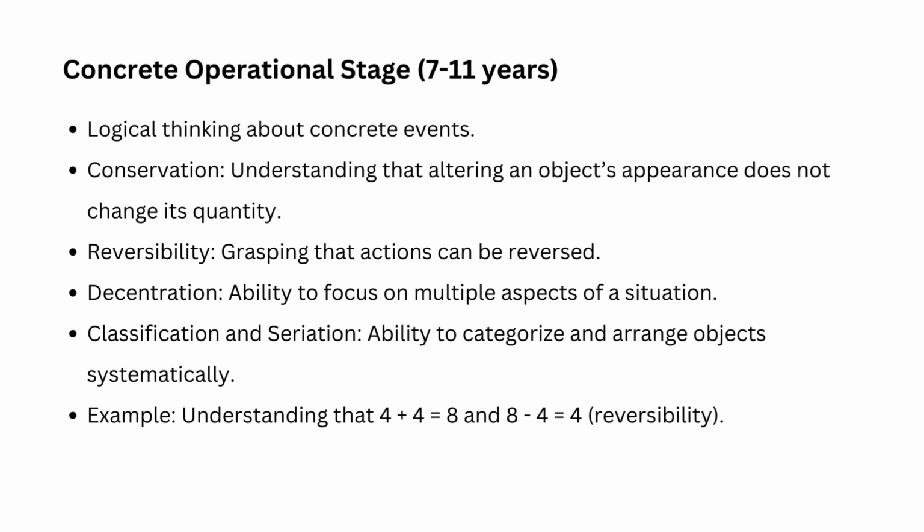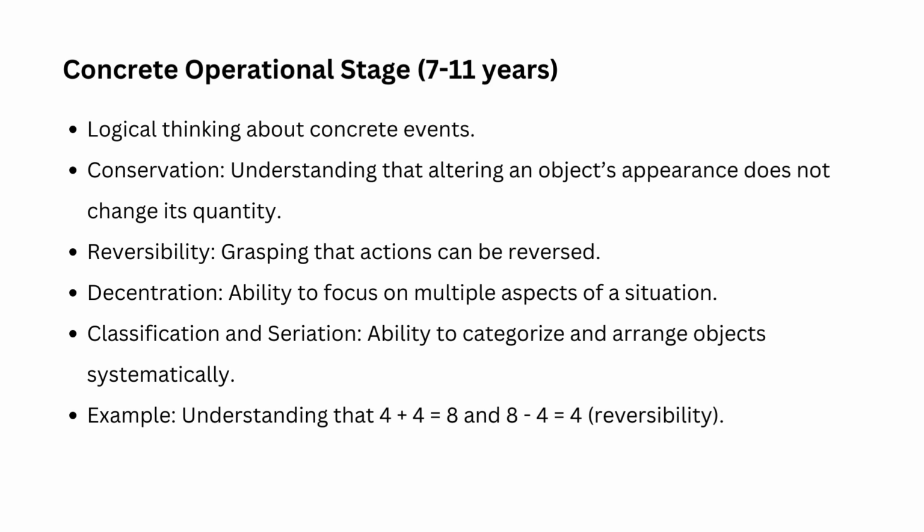Another important development is the ability to decenter, or consider multiple aspects of a problem rather than focusing on a single feature. For example, when sorting objects by size and color, children can simultaneously understand both dimensions, showing a more complex level of thinking.